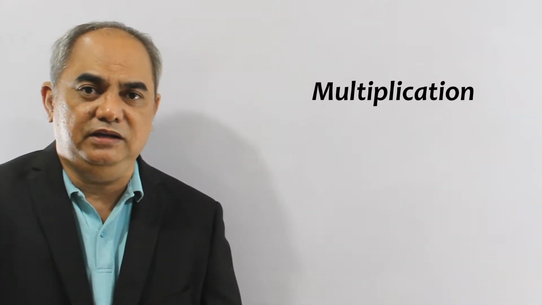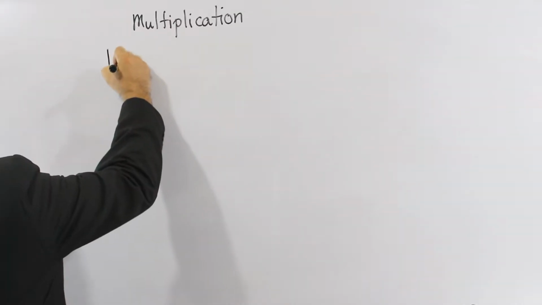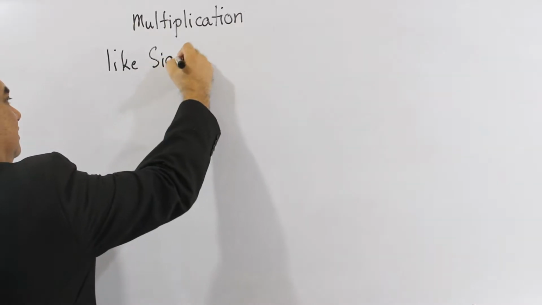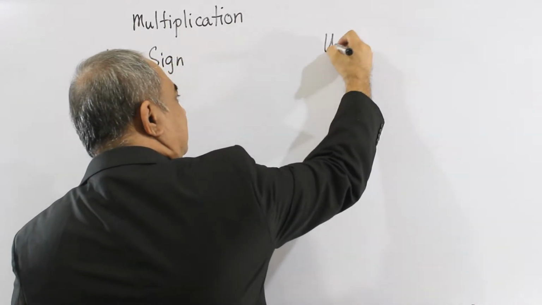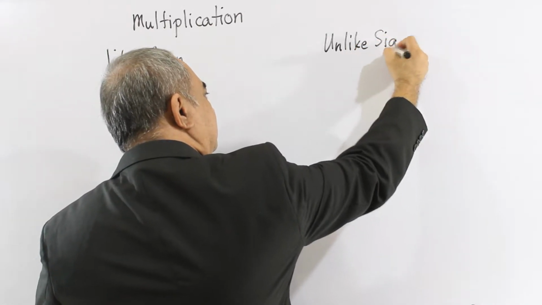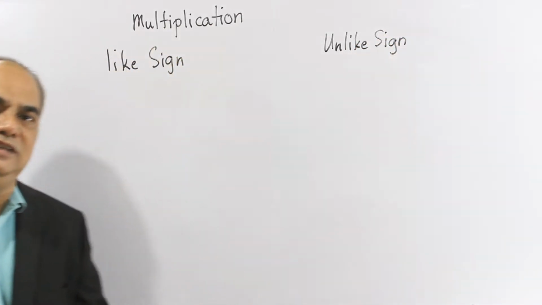Alright, now we go to multiplication of integers. So we will again determine the signs of the factors that we need to multiply. Just like in addition, we have like sign and we have the unlike sign.